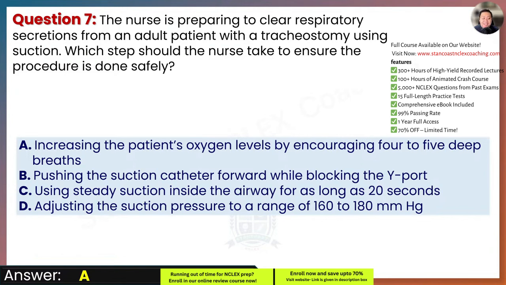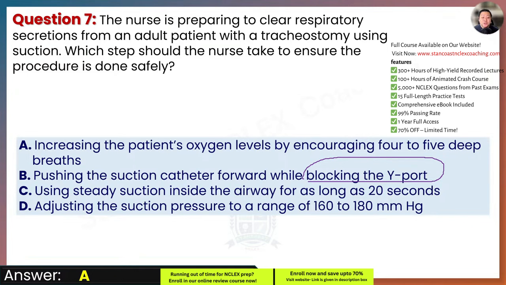Now, why is letter B incorrect? Pushing the suction catheter forward while blocking the Y port. Well, the red flag here is blocking the Y port. Why is this incorrect? Well, this means suction is applied during insertion, which is a big no-no.